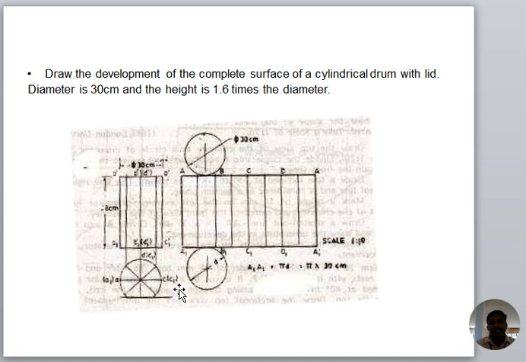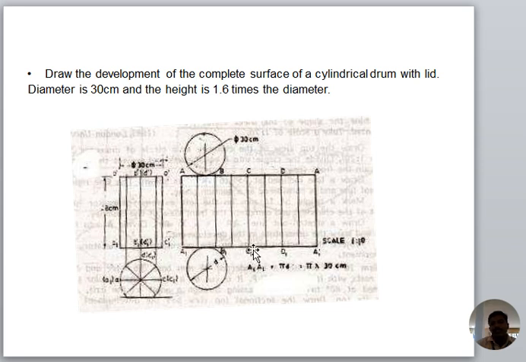It means 48 mm is the height. Sorry, 48 centimeters. The given dimensions are in centimeters, the height is 48 centimeters.